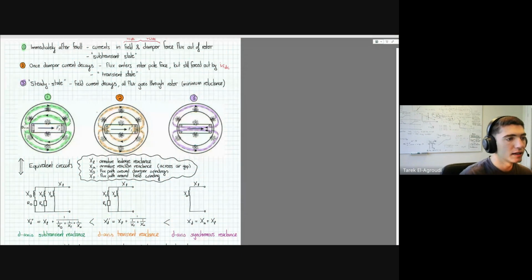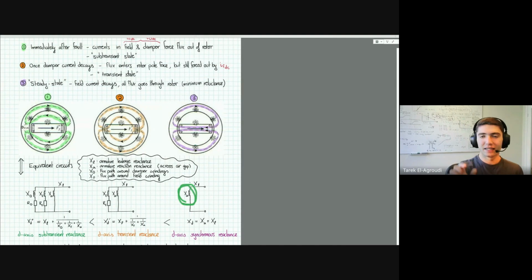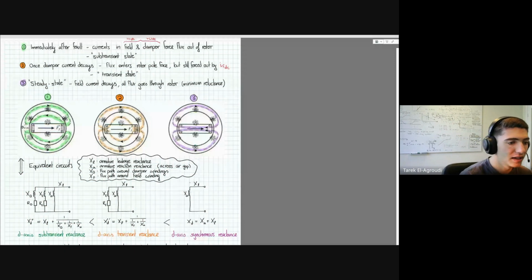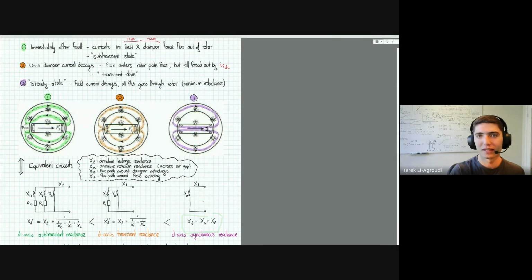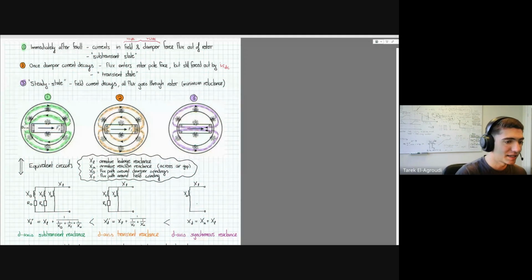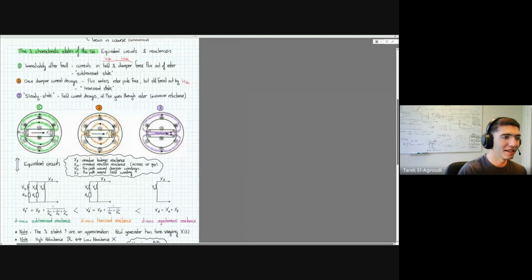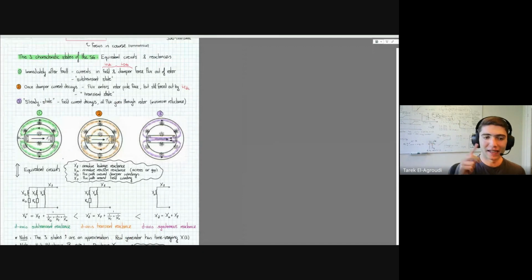And finally, once the field currents also decay, all the flux goes through the rotor, and the only inductance being seen is the armature inductance. So you will get the D-axis synchronous reactance, which is the same as we looked at in the steady state case. Basically, depending on which coils are active in the dampening process, the fluxes see a different equivalent reactance.